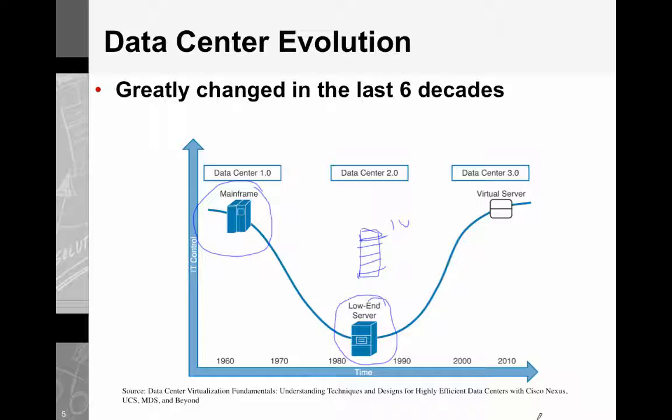And then with Moore's law, which basically says that every 18 months the capacity of hardware doubles, the computing capacity, storage capacity, and RAM capacity of these low-end servers became so good that we started using a technology called virtualization, which is really the idea that you can have one physical server and many logical servers or virtual machines on top of that.